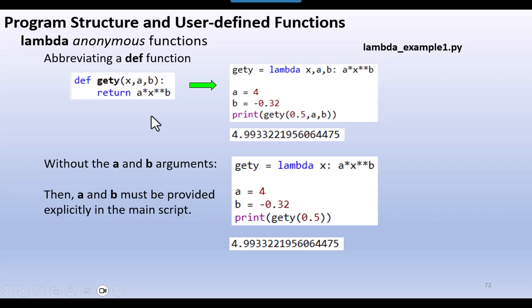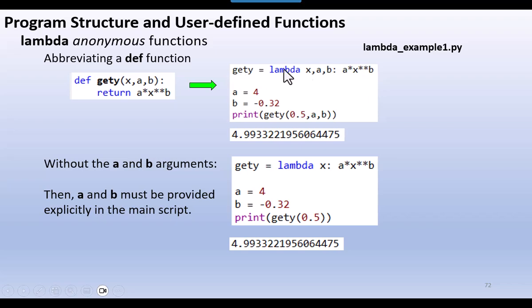So another way of doing this is we can define the function in a single line with the use of the word lambda. It's a little bit similar to using an anonymous function in MATLAB, not quite the same. And what we say here is that the lambda function has arguments x, a, and b, and the rule, or what it computes, is a x to the b.